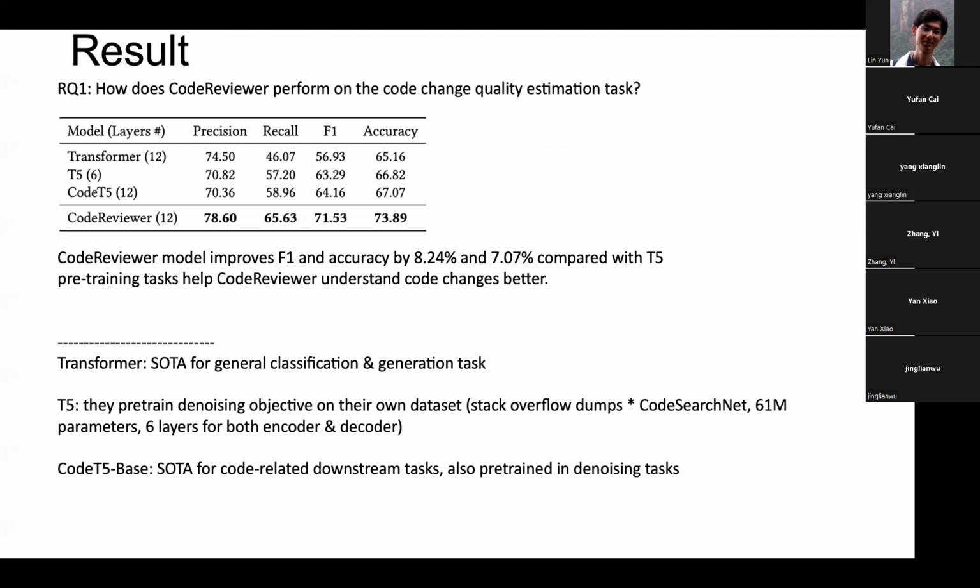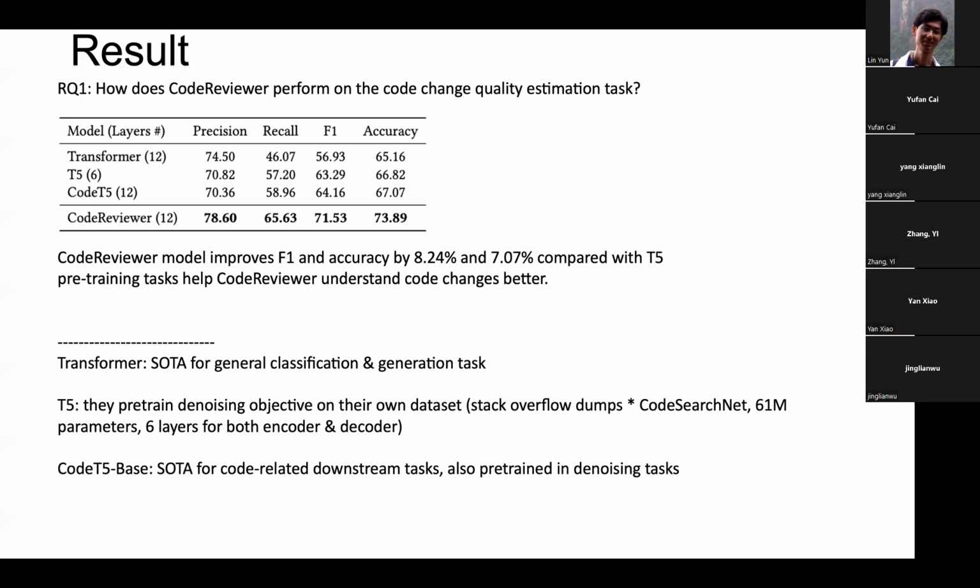But the code reviewer has better performance, an improvement. So the question is how different code reviewer is from these baselines in terms of architecture, and what aspects of its model architecture are better than the rest. We see there's no architecture difference.